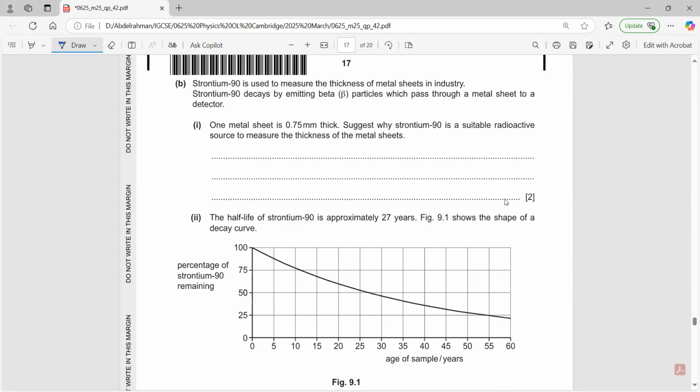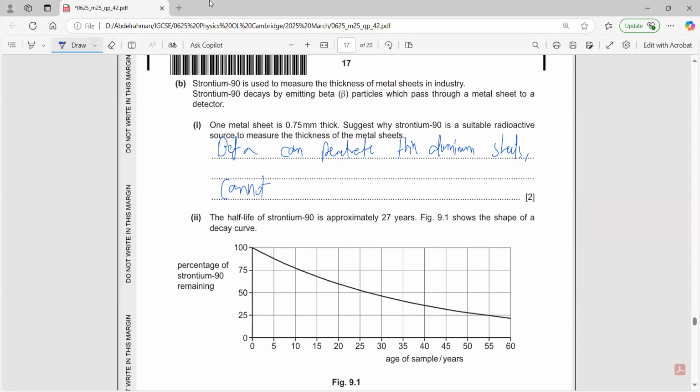Because beta particles can penetrate thin aluminum sheets, but they cannot penetrate through thicker sheets. Basically, it will give them an indication whether the sheet is too thick or not.